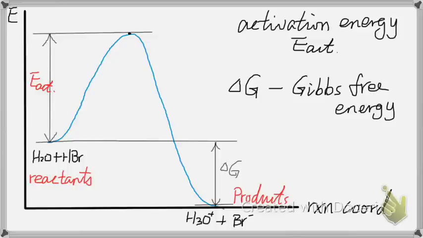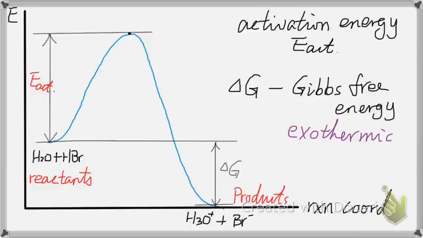For this particular case, the product has lower energy than the starting material. So delta G will be a negative value, and the reaction will be an exothermic reaction. Okay, the reaction will give off energy as the product is formed because the energy of the product is lower.